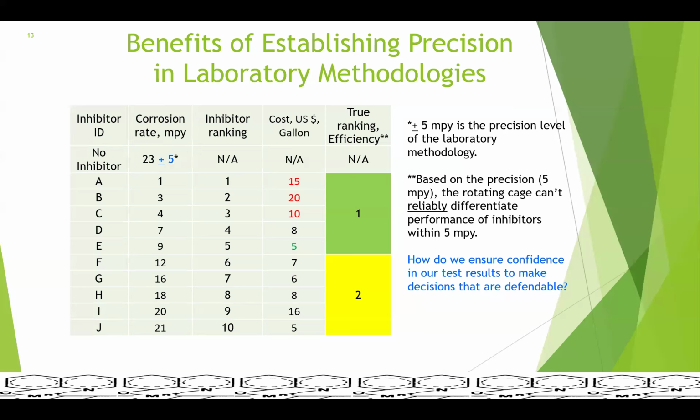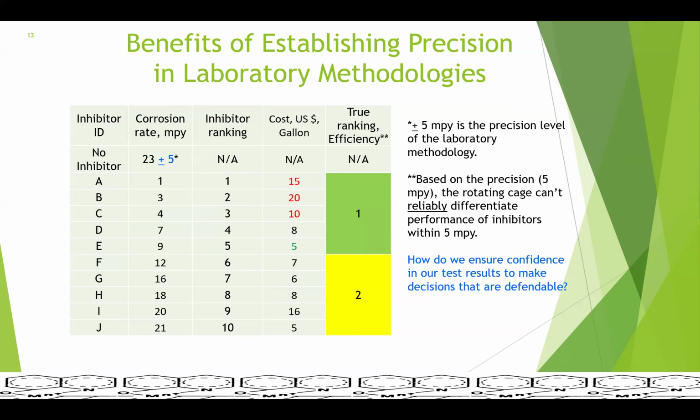In the rotating cage, as per the previous slide, as per ASTM 202, it has a precision of 5 mpy. If you get the lab data, the corrosion rate varies from 1 mpy to 21 mpy. If you have to rank them, we rank them according to the corrosion rate from 1 to 10. We end up selecting probably inhibitor A.